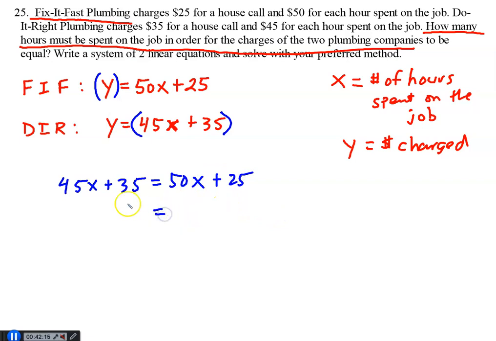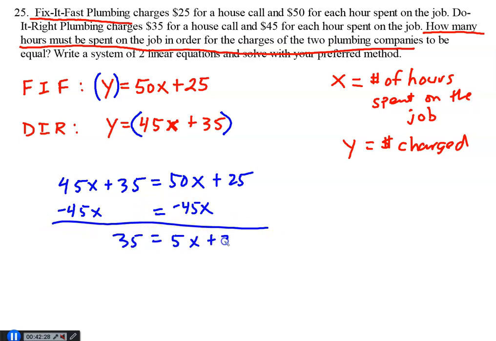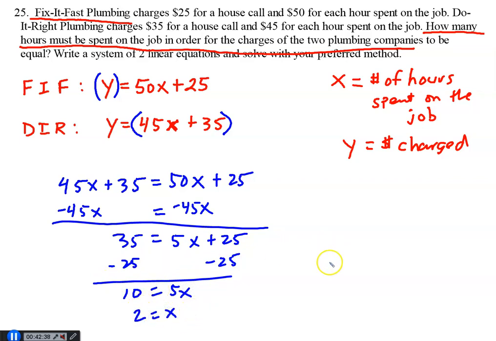And solving for x, I'm going to subtract 45x from both sides. And 35 is equal to 5x plus 25. 5x is equal to 10, so 2 is equal to x.